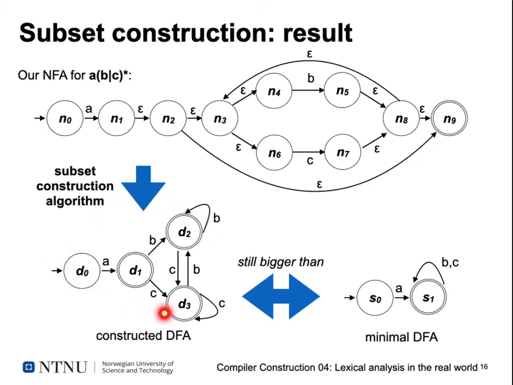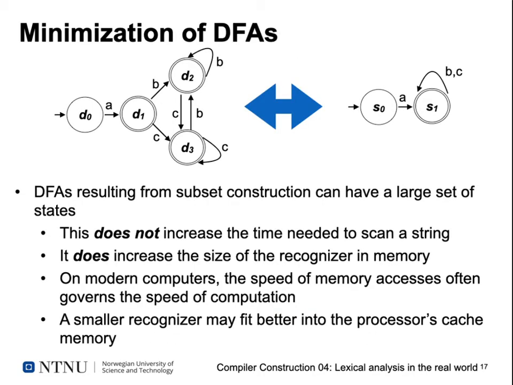This is easy to implement, but as you can see, it's still quite a bit bigger than the minimal DFA we got by thinking about the problem for a minute. So, of course, the question is, can we make this even more simple? Can we somehow come from this automaton to this automaton, which are, as we've seen, equivalent?